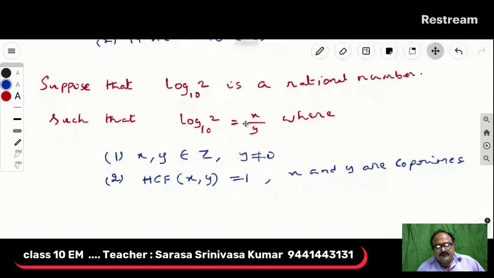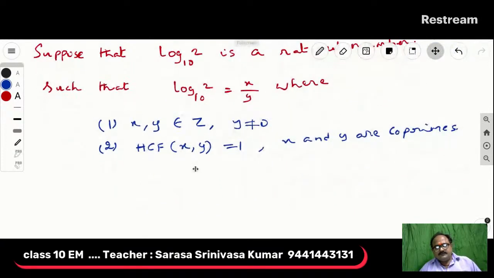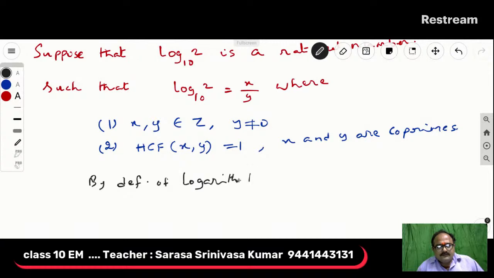If x and y are co-primes, now by the definition of logarithm, we can write 2 equal to 10 to the power of x by y.